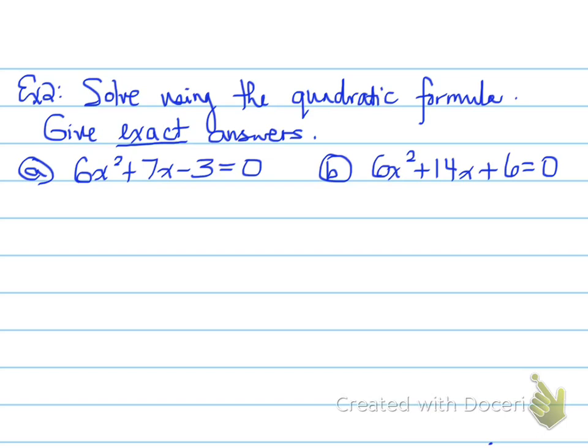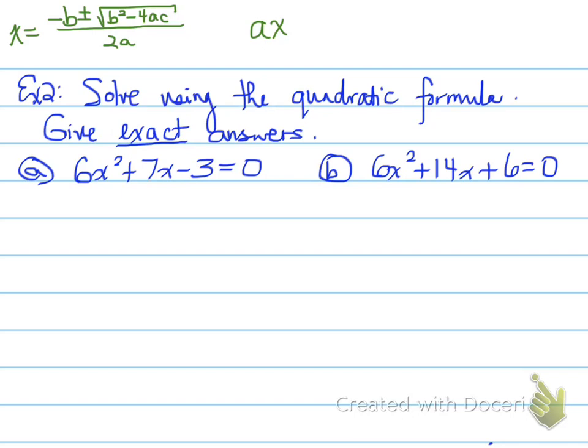So, in this example, we're going to do the quadratic formula so that we're ready to be able to use it. That is, x equals negative b plus or minus square root b squared minus 4ac all over 2a.